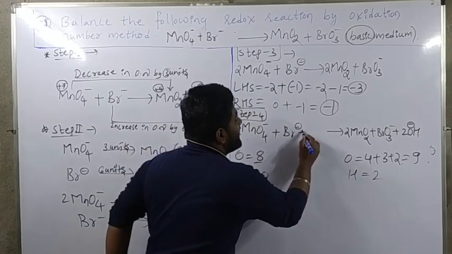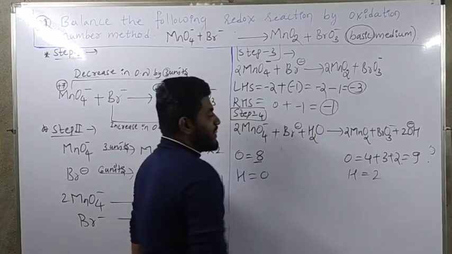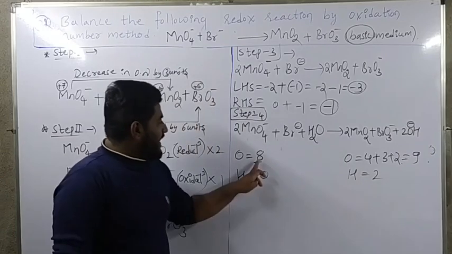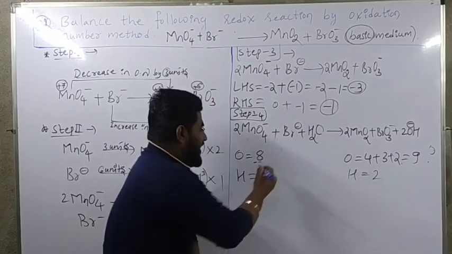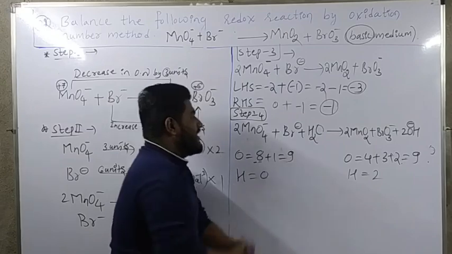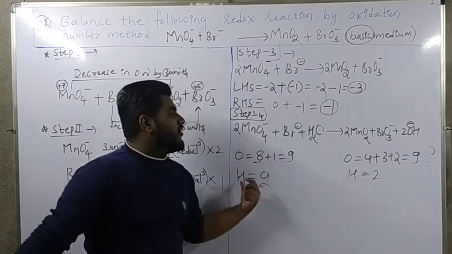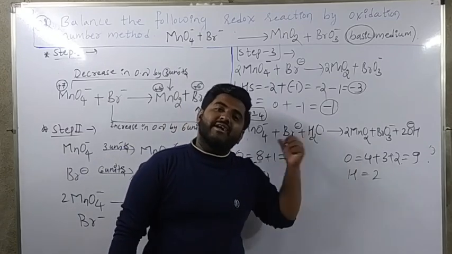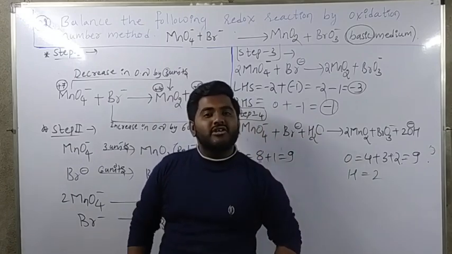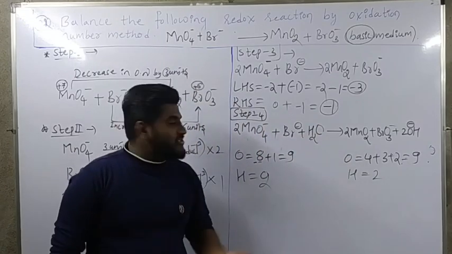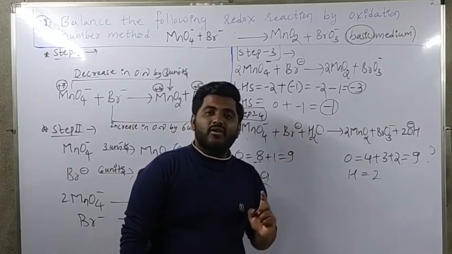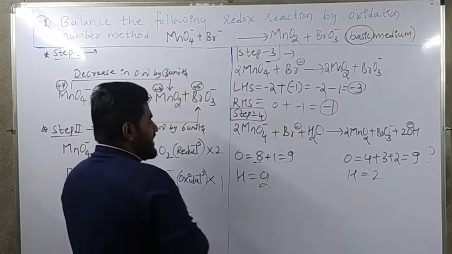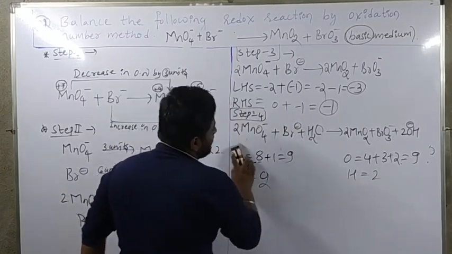Then we have to add H2O. Carefully see now. 8 oxygen plus 1 oxygen, how much? 9 oxygen, 2 hydrogens. You got equal. You have equated the charge also, the number of hydrogens and the number of oxygens. Everything is balanced now. So this is the balanced chemical equation they are asking for.